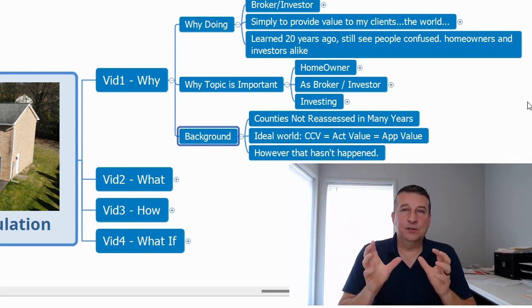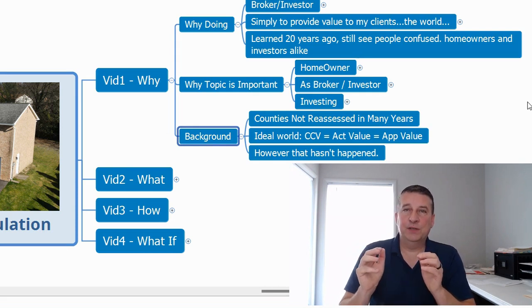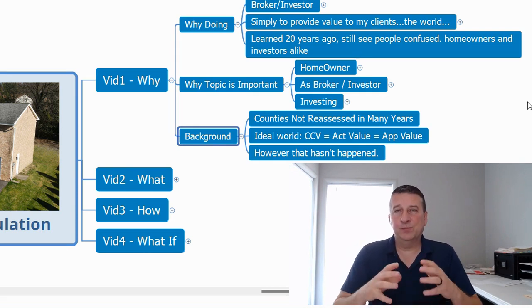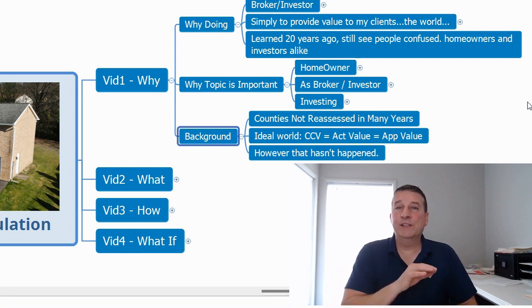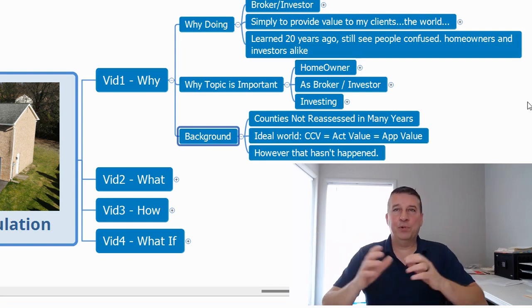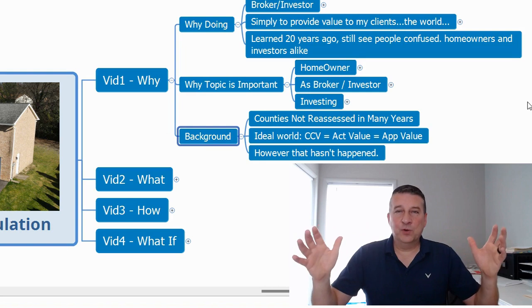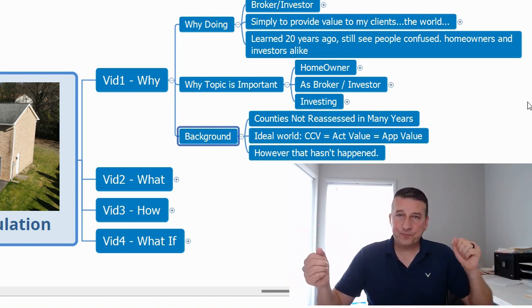But what you'll see is the closer the CLR figure is to 1.0, and we'll talk about that in more detail in a second, that means it's been more recent that the county has probably conducted a full reassessment, or a reassessment in some particular way.